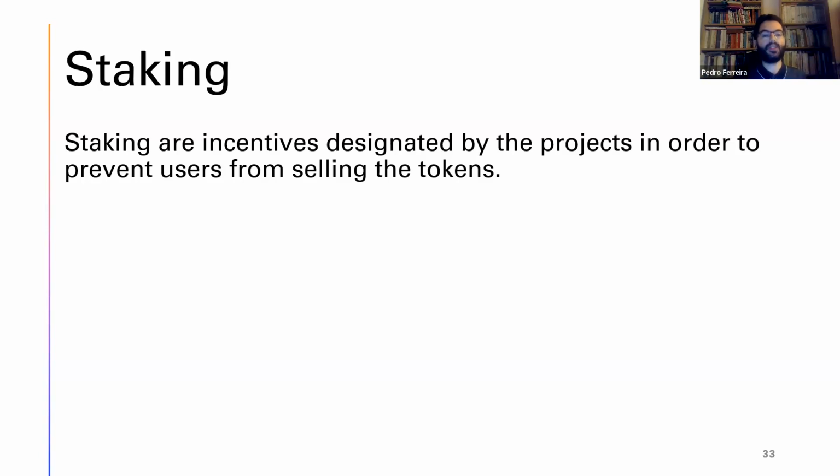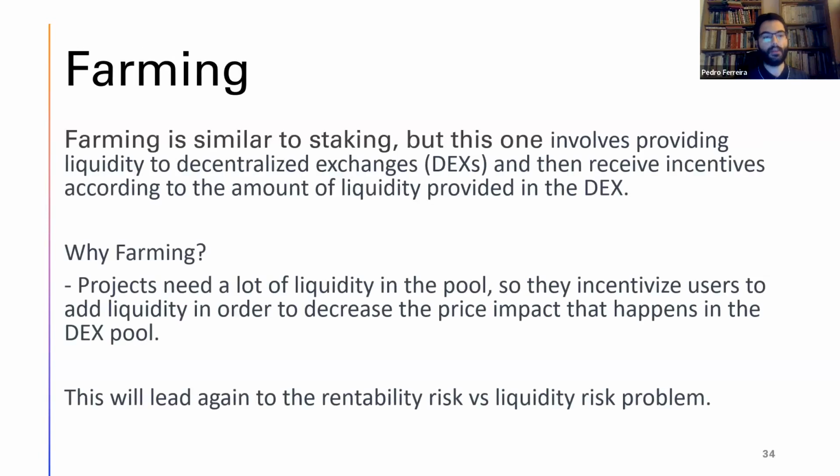Instead of users buying the token, the price going down, and them selling, they deposit here. The probability that they will not sell is higher. That makes the value of the project at least a little bit more stable, there is not so much trading, and it tends to make the project value go up if the project has fundamentals.